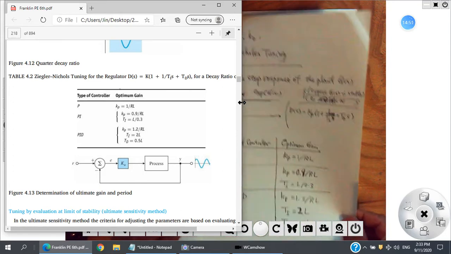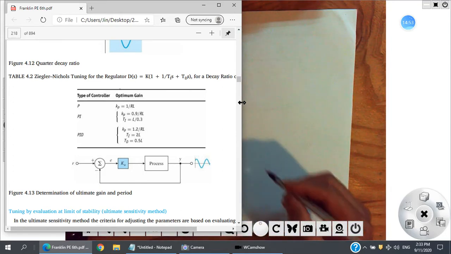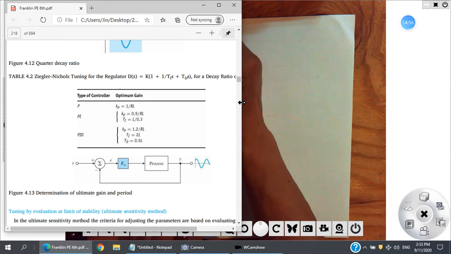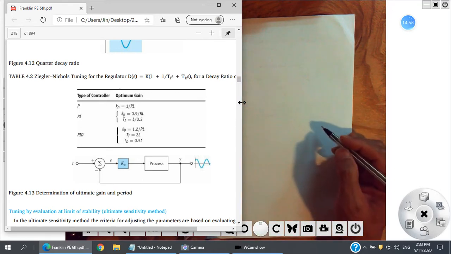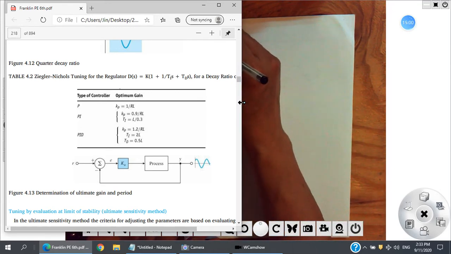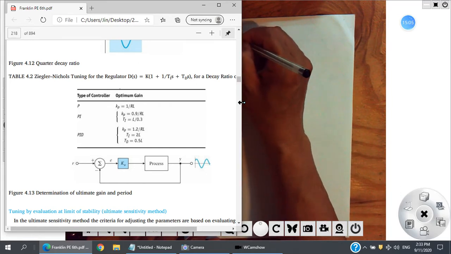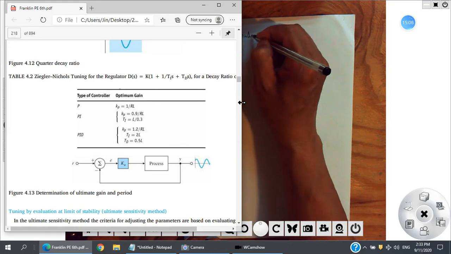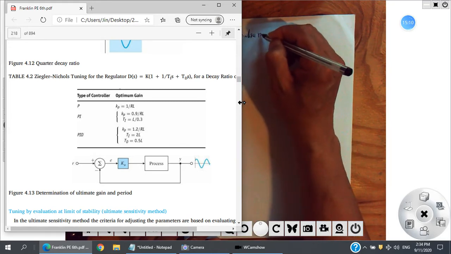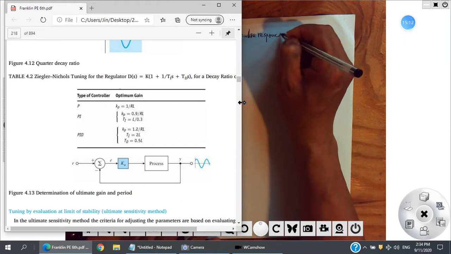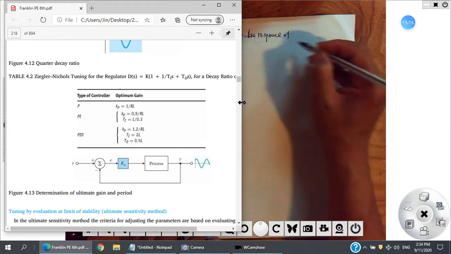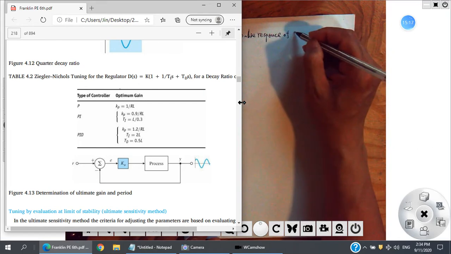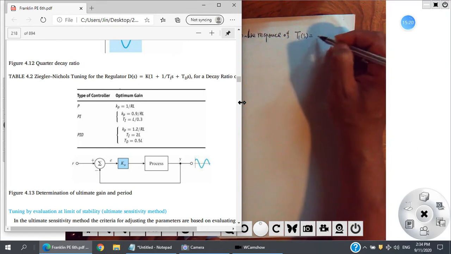Okay, then the second way is based on the impulse response of T1. I say this is T1 of s, which is kG of s over 1 plus kG of s.